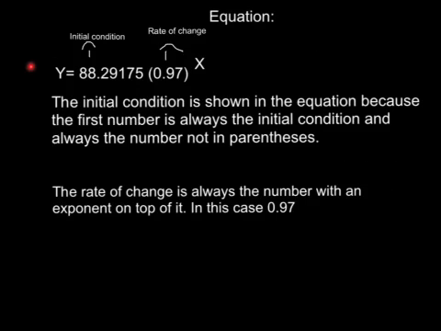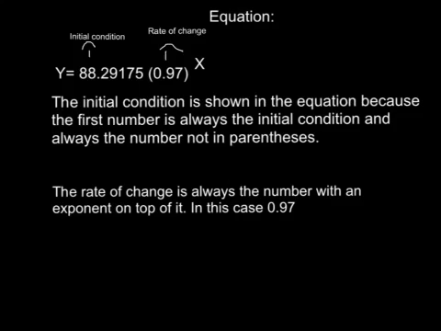This is the equation that I came up with for our experiment. The initial condition is 88.29175. I know this from previous knowledge, and also because usually the initial condition comes first in the equation, and then the rate of change would come second with the exponent on top.